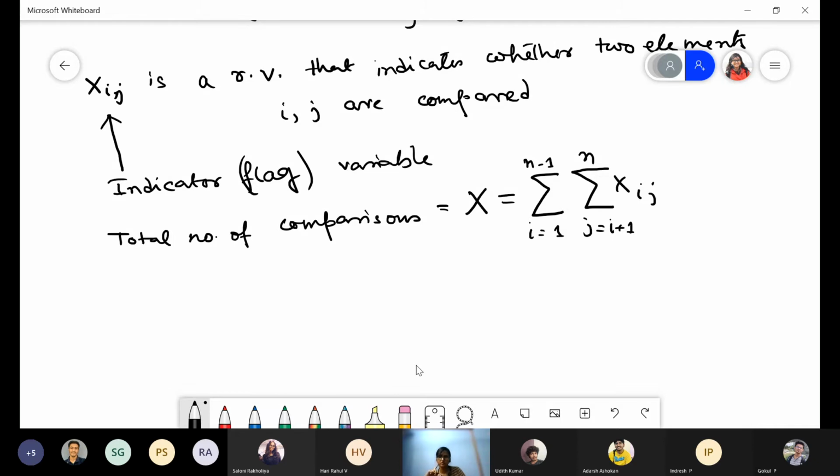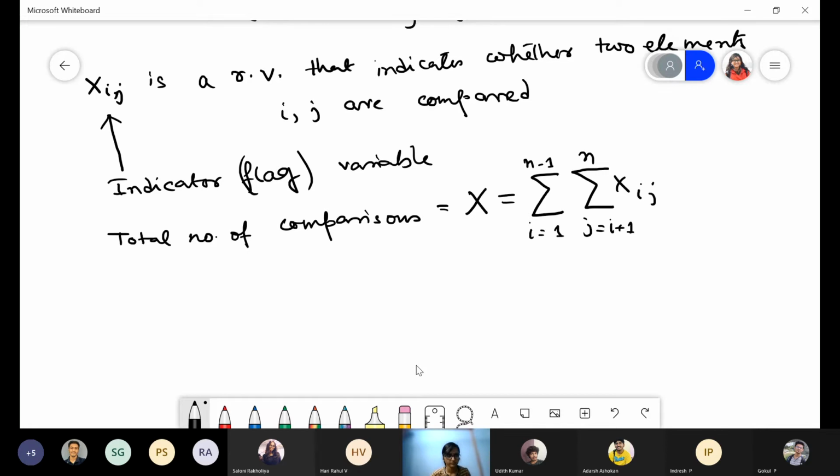So if we take i from 1 to n minus 1 and j from i plus 1 to n, we are basically covering every pair. That can be the maximum number of comparisons. Now what will be our cost, that is the expected value of this x, that will give you the average case.